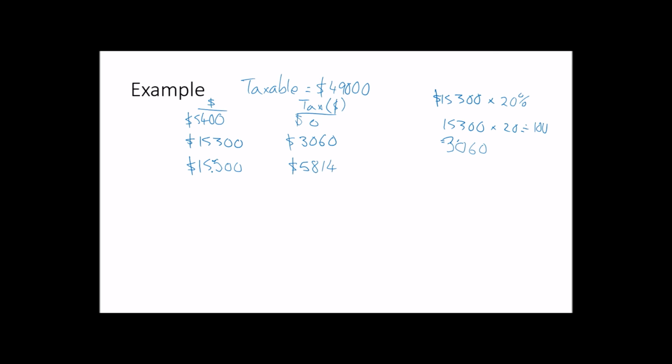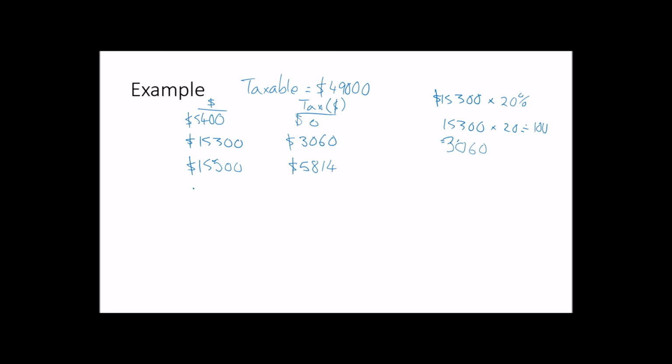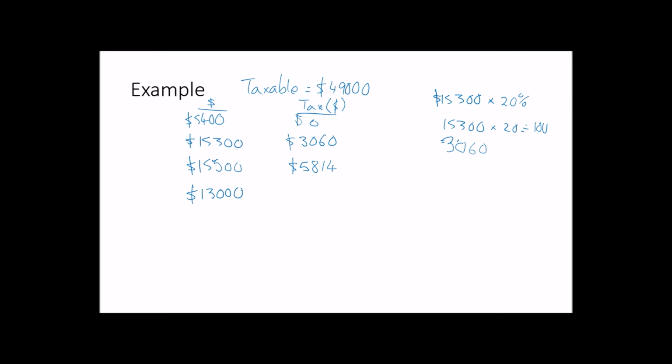Now this guy is earning still more money than this. So if we look back again, he's earning $49,000. So that is $13,000 in the last tax bracket, which is taxed at 46 cents in the dollar. Again, same deal.